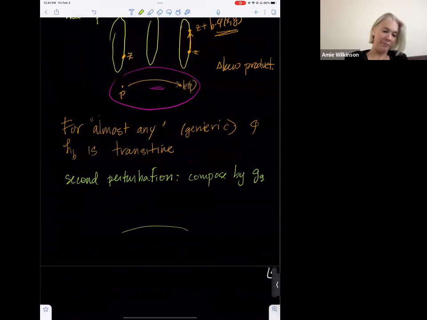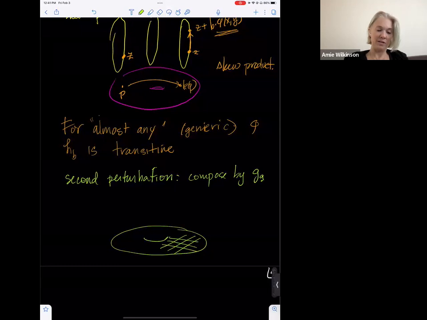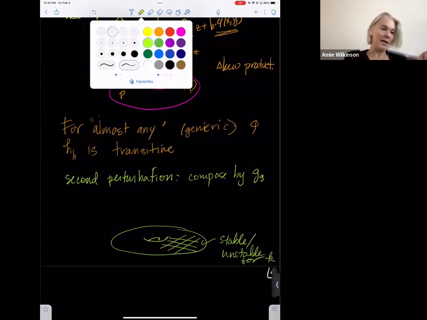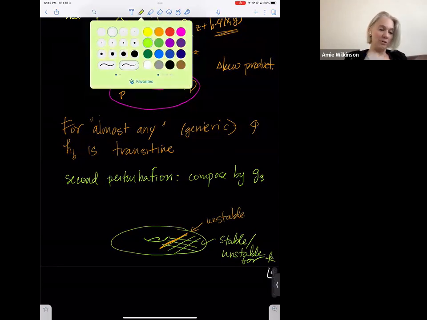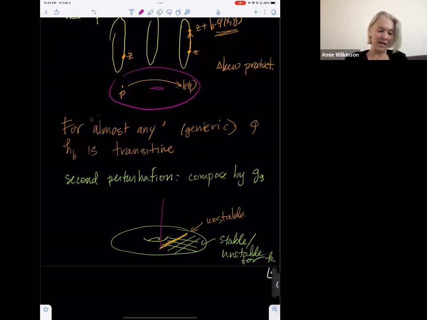So down here we have a pair of foliations, stable and unstable foliations, or they're lines, for the initial map K. And up here we have, so let's call this the unstable direction. And then the other one is stable.